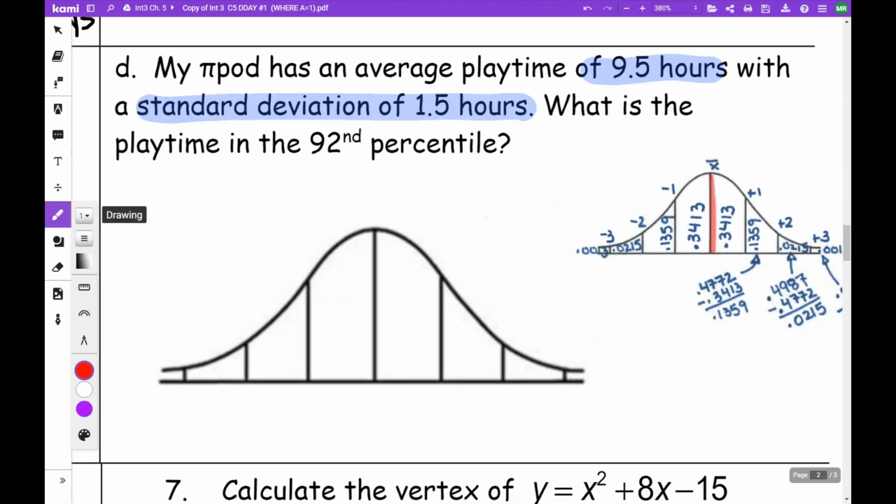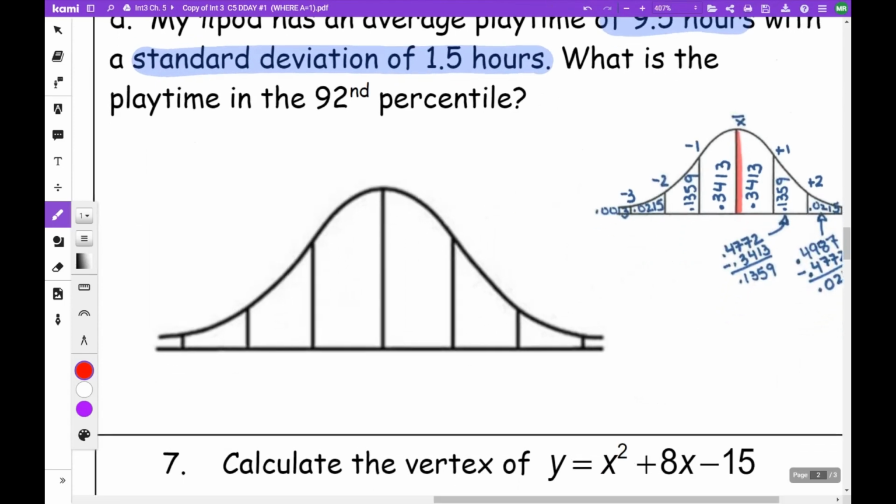Okay, so if I'm looking at this, this is 9.5 with 1.5 hours. I'm drawing this out because some of us aren't really thinking about where we are on the normal curve. So I'm going to be filling it out again so we understand where we are.